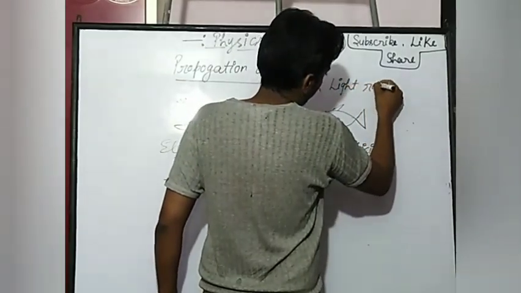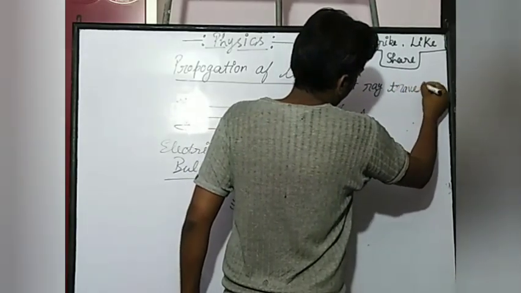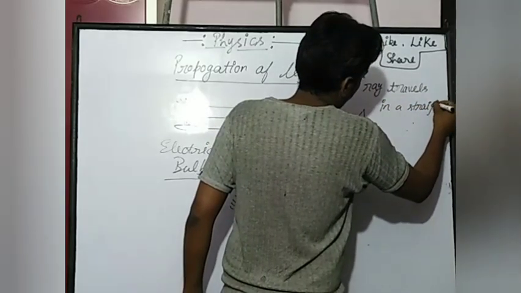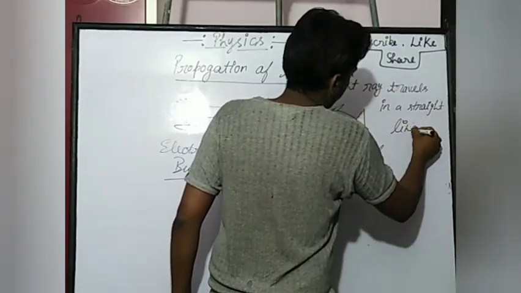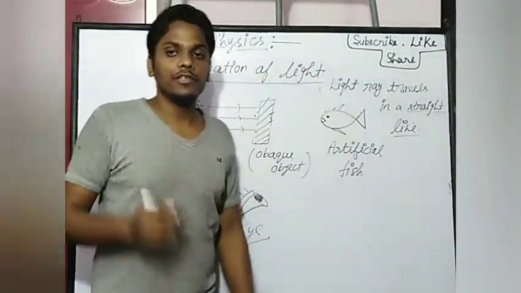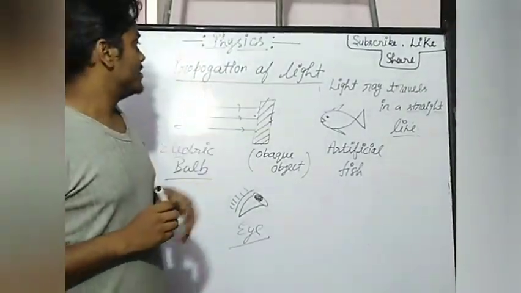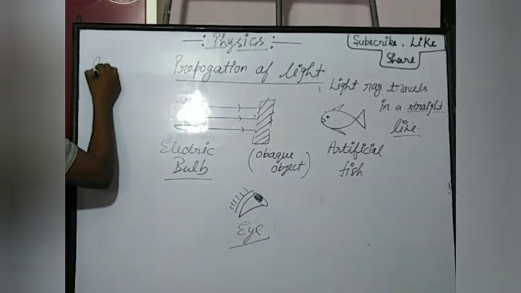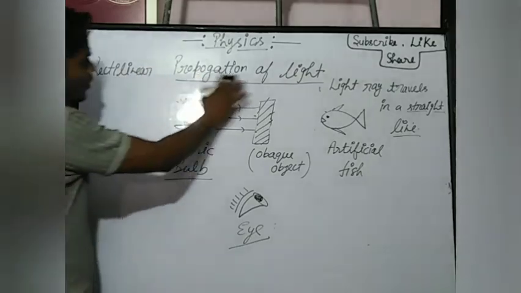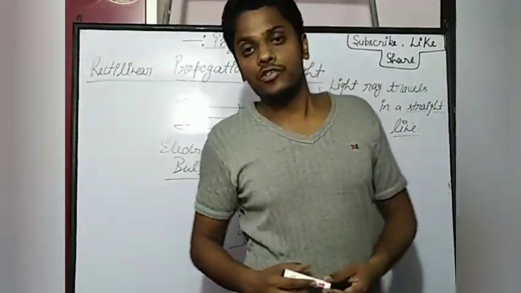That is known as rectilinear propagation of light. Why? Because a light ray travels in a straight line.